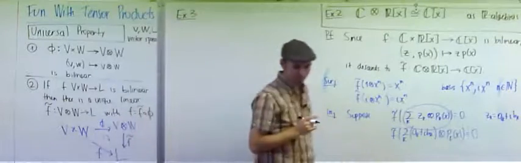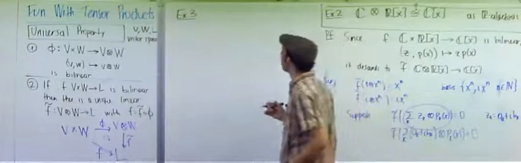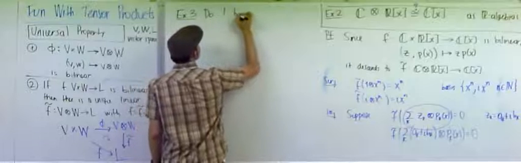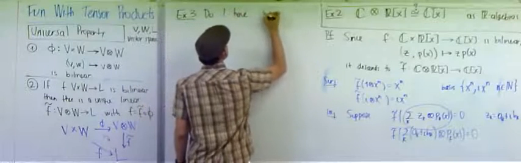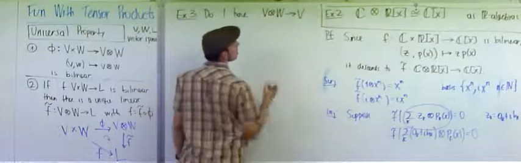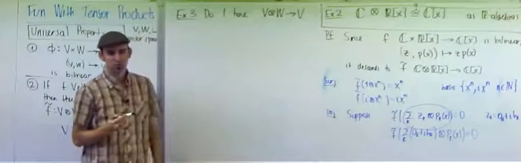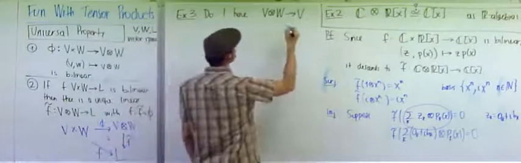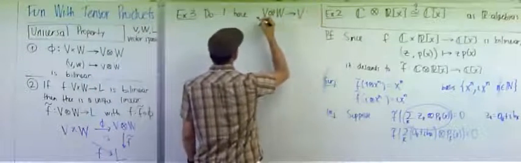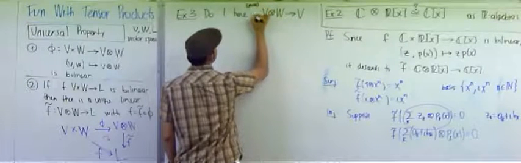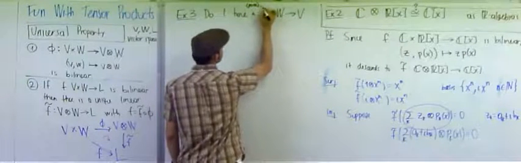Let's do another example. Do I have a natural map from V tensor W to V? I don't know, nice, natural, whatever adjective you want to put here.